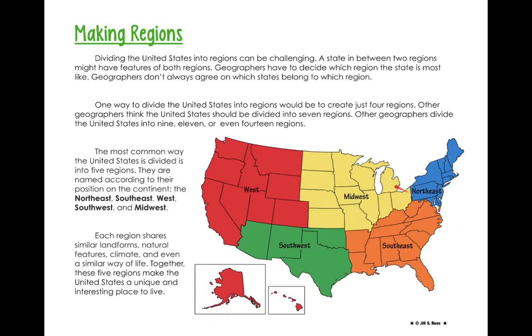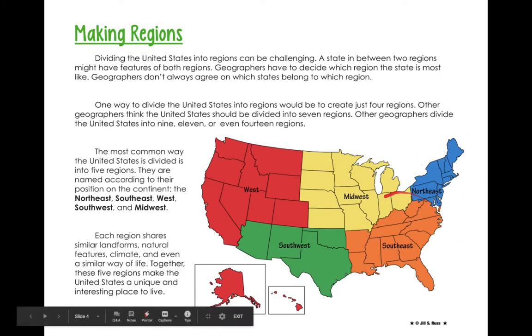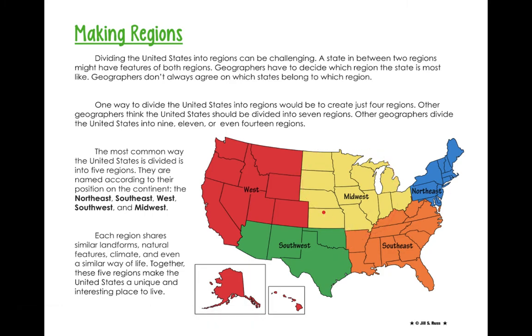Well, we've got 5 regions here that we identify in the United States. Now, really, geographers can divide the country up however they want based on different definitions of a region, but these 5 are very commonly used. So we often divide the U.S. up into the Northeast, the Southeast, the Midwest, the West, and the Southwest down here.